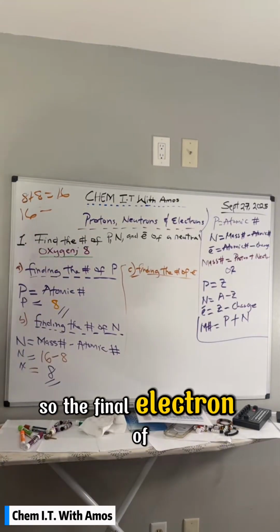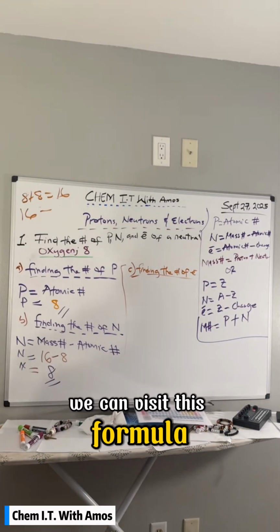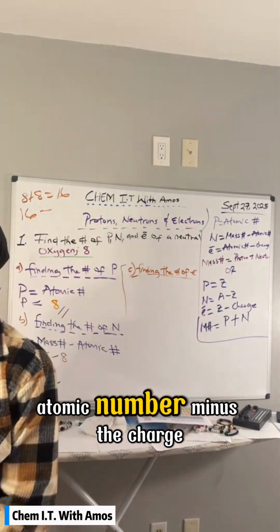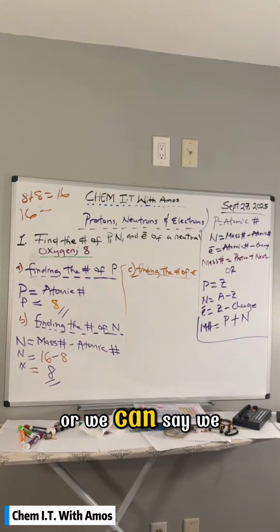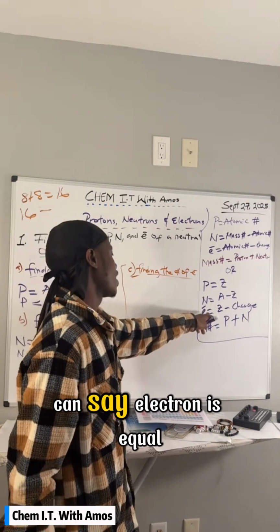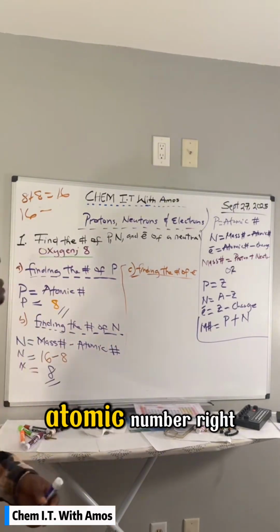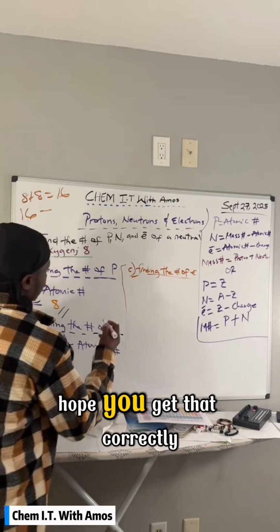So to find electron of oxygen, we can visit this formula again that says electron is equal to atomic number minus the charge. Or we can say electron is equal to Z minus the charge, and Z is for the atomic number, right? Hope you get that correctly.